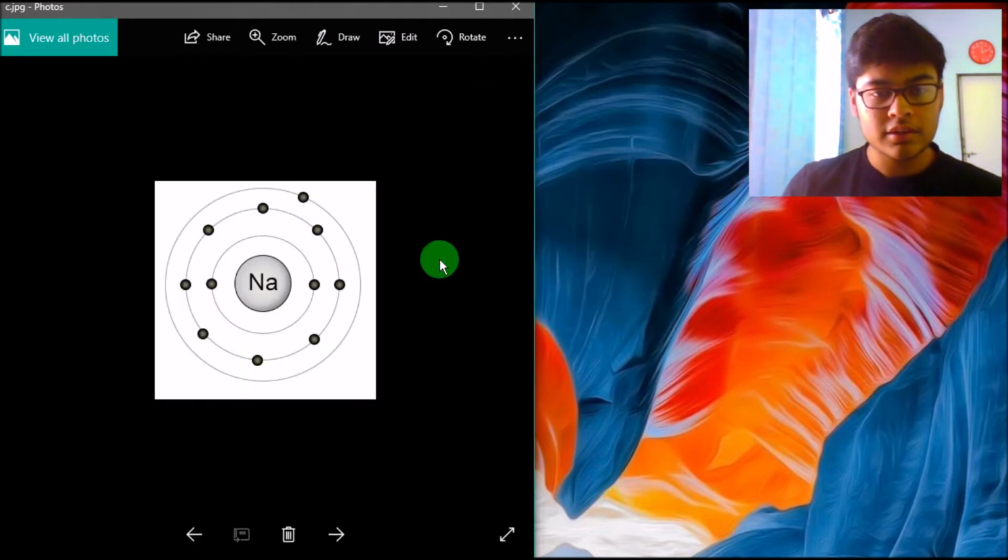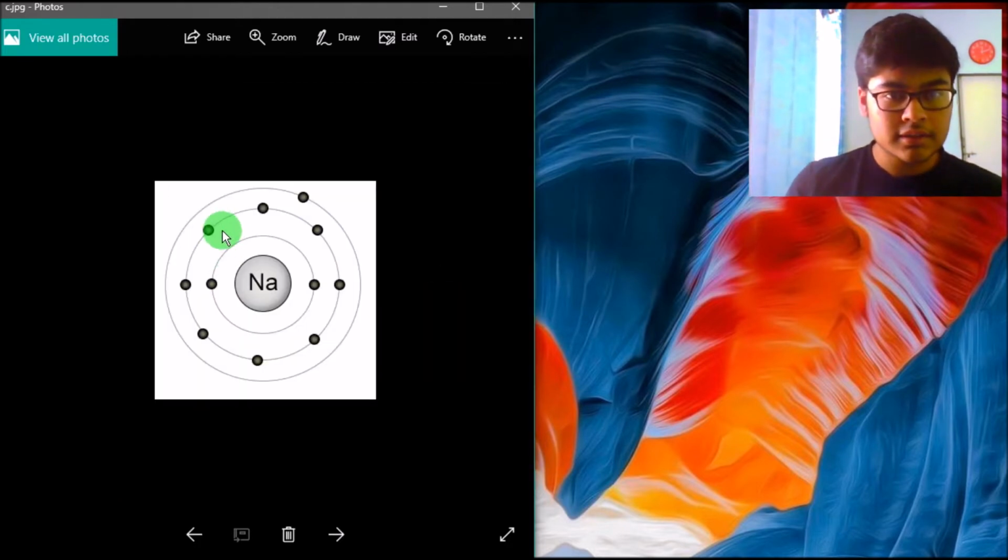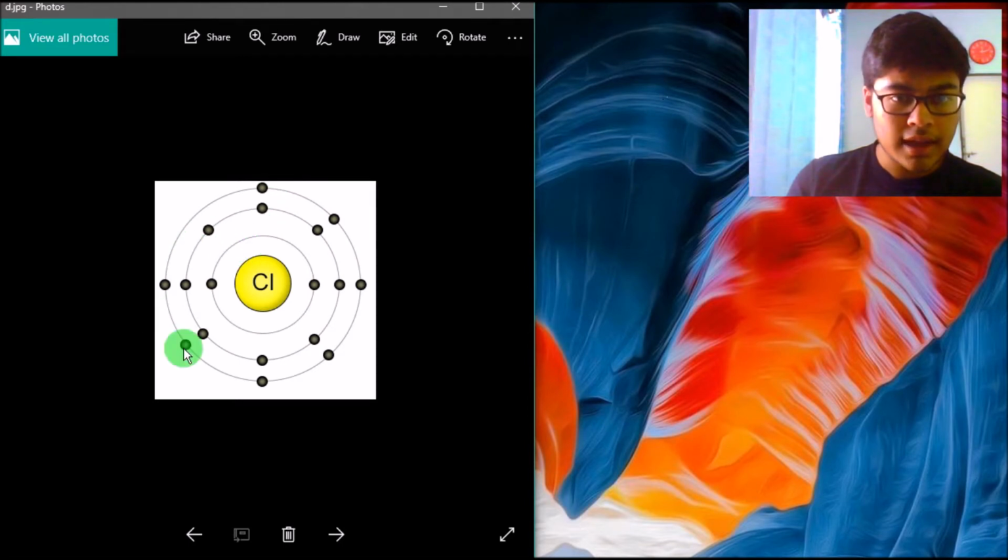If you look at a sodium atom, you can see the first 2 electrons in the first shell, the K shell, then 8 electrons in the L shell, and then 1 extra electron lying in the extra shell. And then you have the chlorine atom, in which the last shell is filled with 7 electrons. You can see 1, 2, 3, 4, 5, 6, 7, and 1 is still remaining.